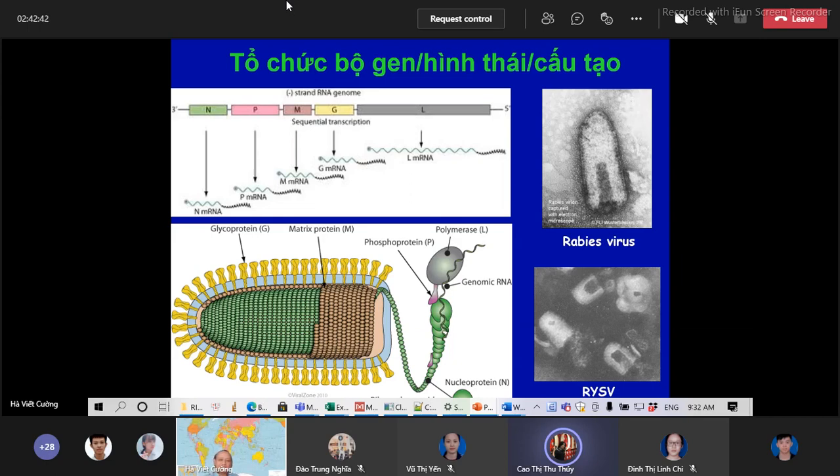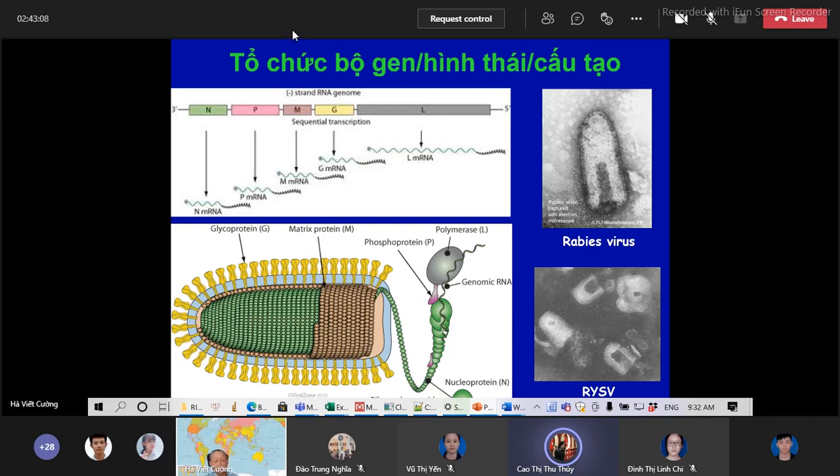Okay, giải thích tiếp. The negative virus is when infect inside the host cells, they will decode the protein code and synthesize a template for synthesis of mRNA. Okay.